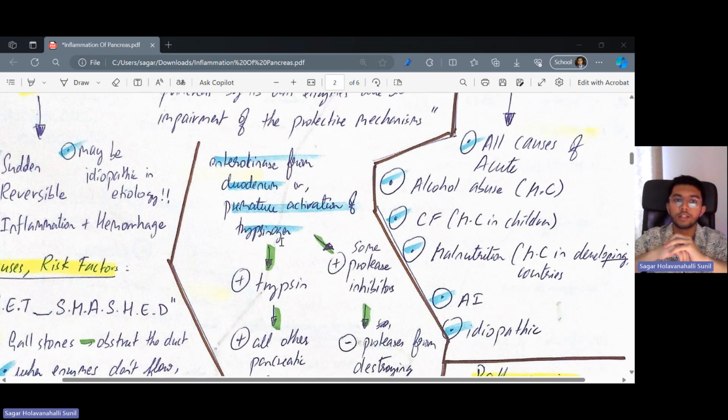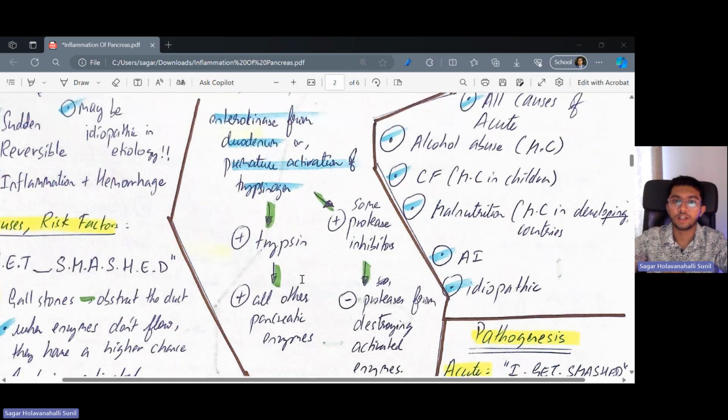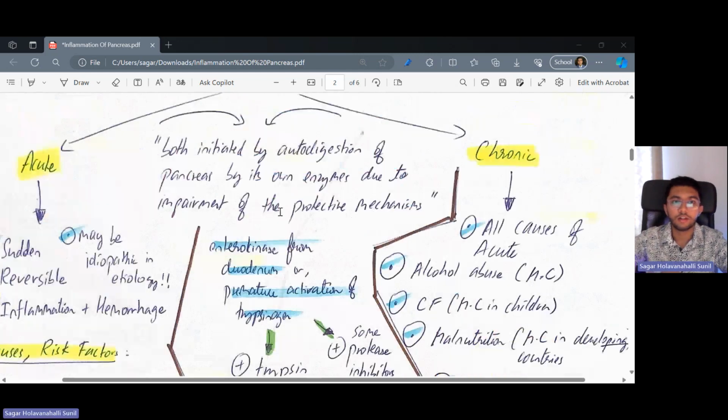This stagnation then causes activation of the enzymes, and trypsin obviously will get activated along with it, and this can cause activation of all other pancreatic enzymes. At the same time, some other protease inhibitors are also activated. So that is the basic principle.